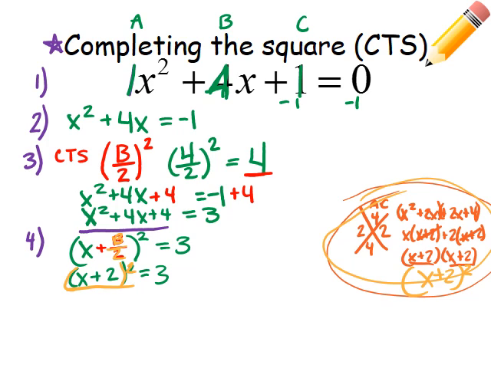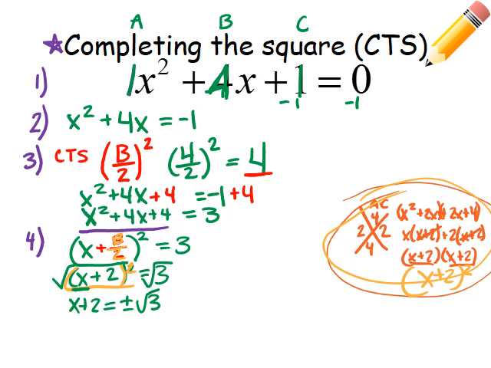Now we have to continue solving this. My goal is to isolate that x still. Now we're going back to all of our previous lessons. I'm going to square root both sides, which leaves me with an x plus 2 equals, the second you square root, make sure you plus minus. Square root of 3 doesn't reduce.